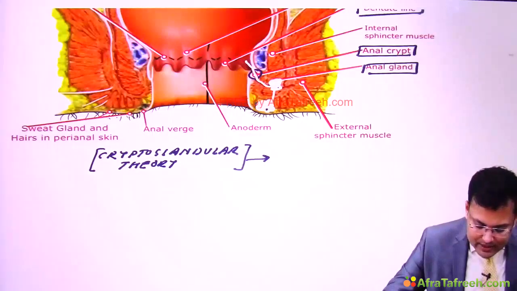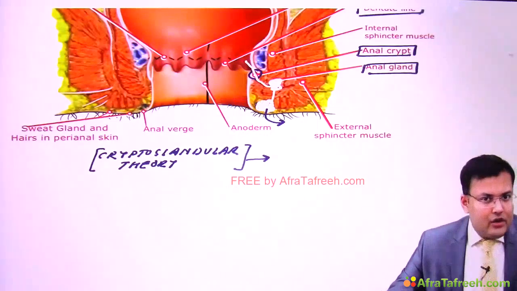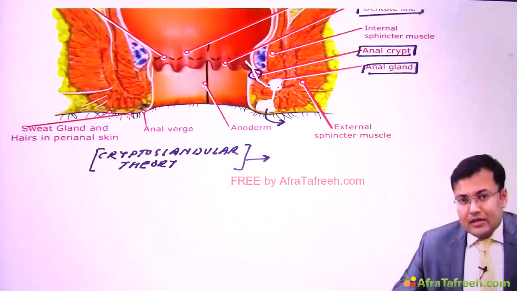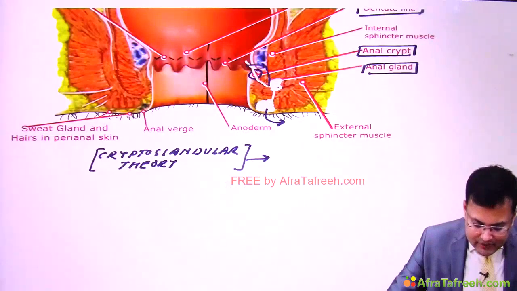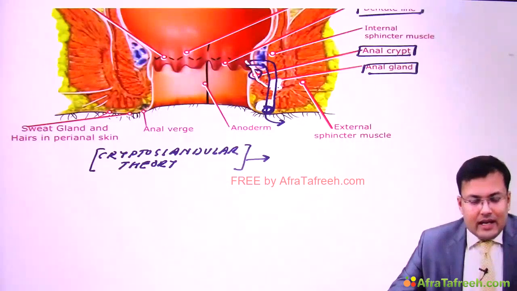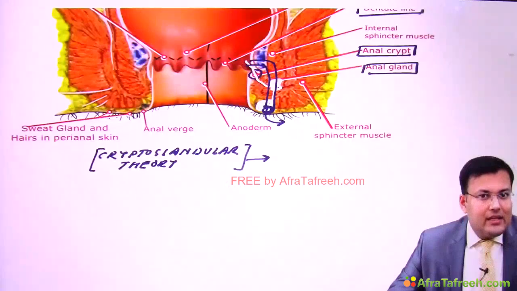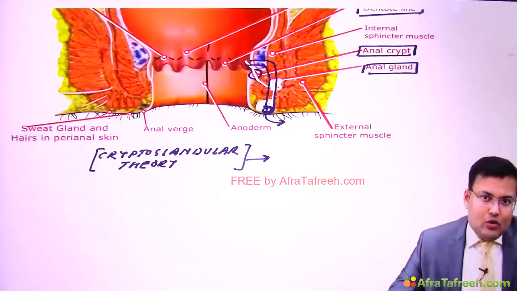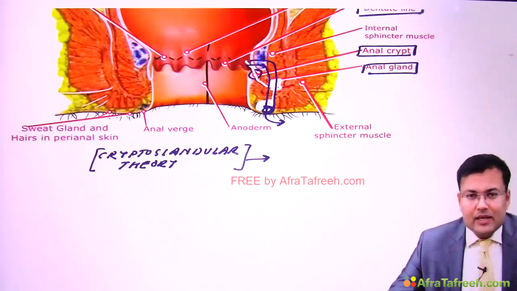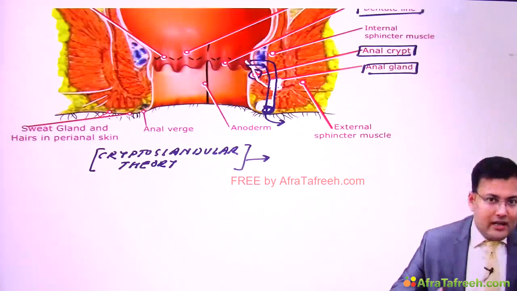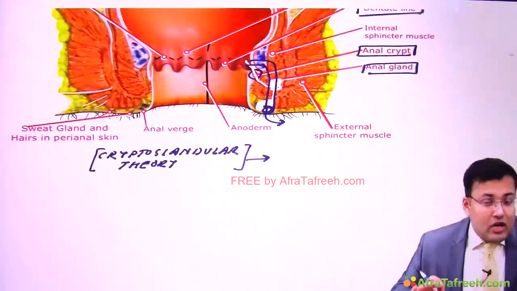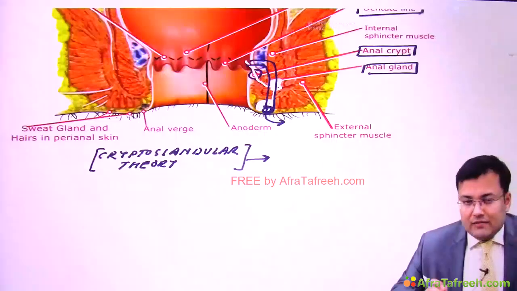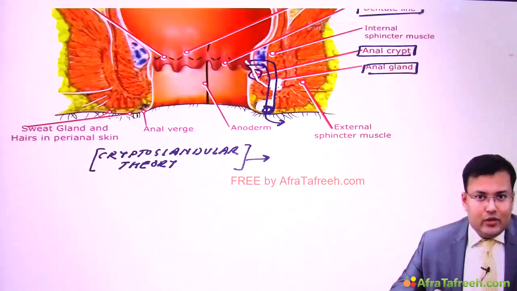If the abscess ruptures outside, there is formation of a tract between perineal skin and anorectum. So there is formation of fistula in ano, and for fistula in ano also, which theory is responsible? Cryptoglandular theory. So what is the most common condition associated with fistula in ano? It is the anorectal abscess.